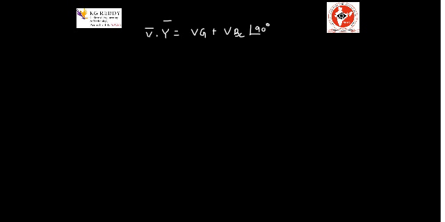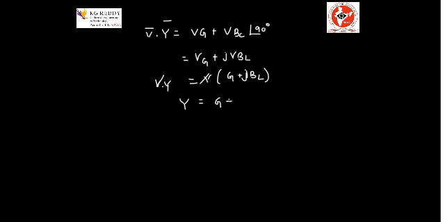I can write this as VG plus j into VBC. From these two I can take V as common, G plus jBC. Now from V into Y, I can cancel V. So finally I get admittance Y equals G plus j into BC.